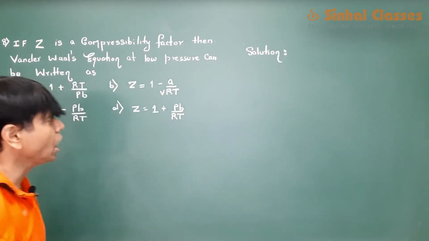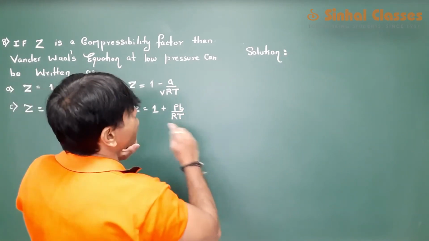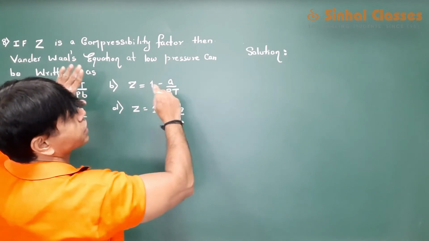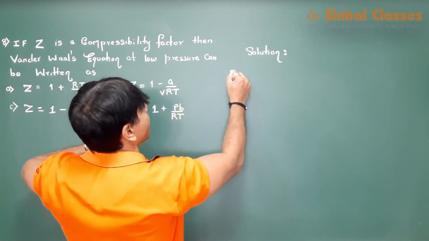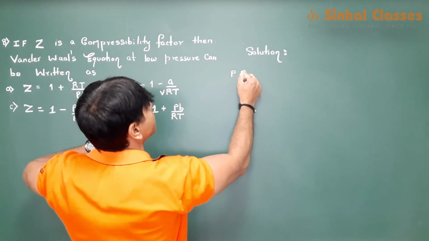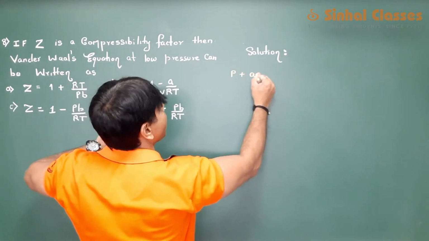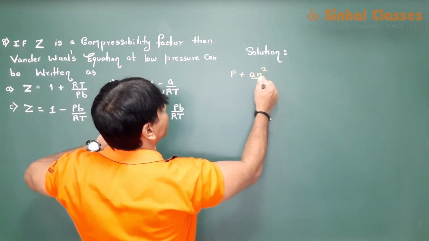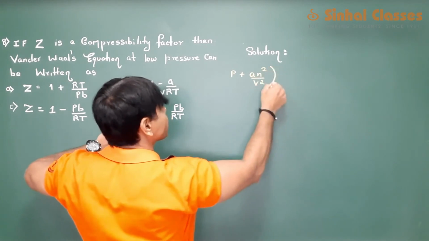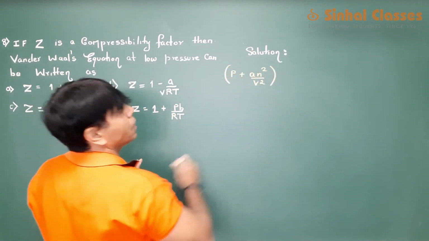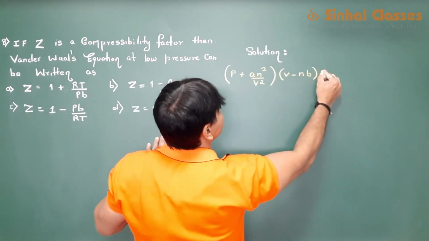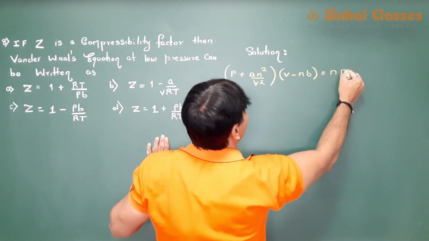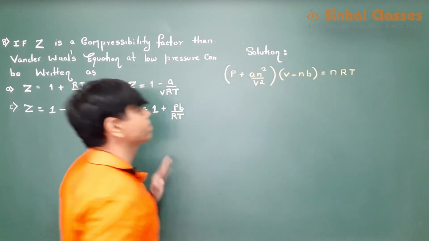Okay. So first of all, what is the van der Waals equation? The van der Waals equation is given as (P plus an square by V square) into (V minus nb) is equal to nRT.